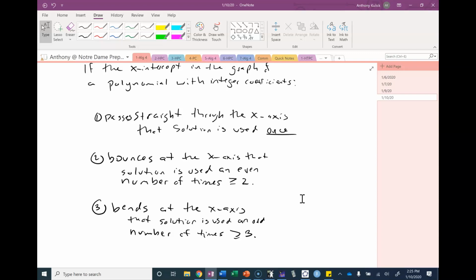If we have a bounce at the x-axis, that solution could be used an even number of times greater than or equal to 2. So it could be 2 times or 4 times or 6 times or 8 times.